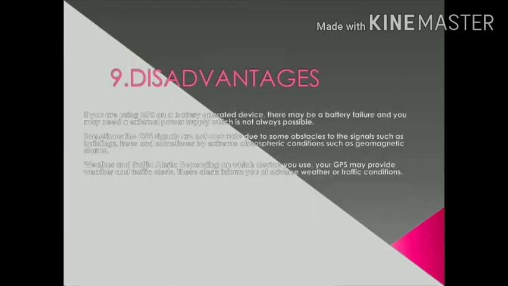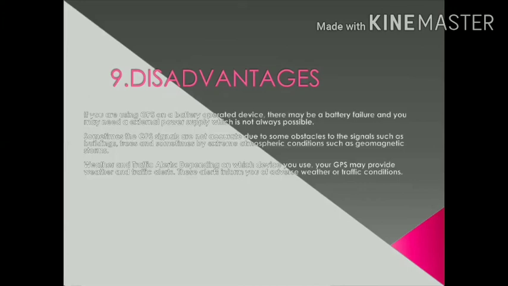So coming to the disadvantages: if you are using GPS on a battery operated device, there may be battery failure and you may need an external power supply, which is not always possible.